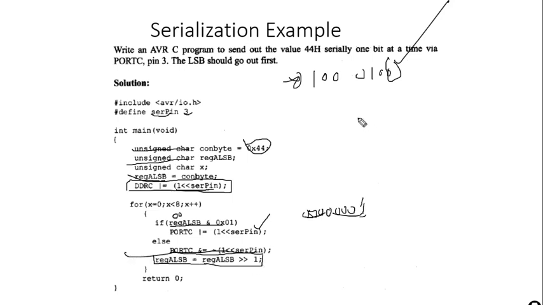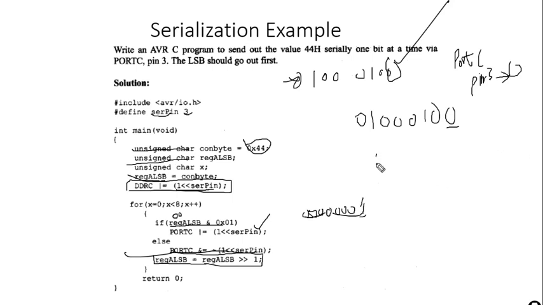So for our particular example, what will happen? Let's see. We initialize with 01000100. In the first iteration, since the LSB is 0, the if condition will be false, and in the else branch we will clear pin 3 of port C. At the end of the iteration we will right shift it.